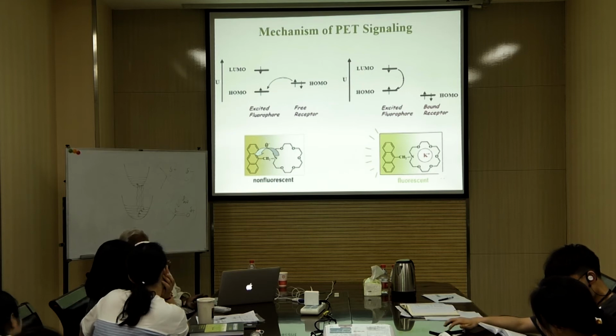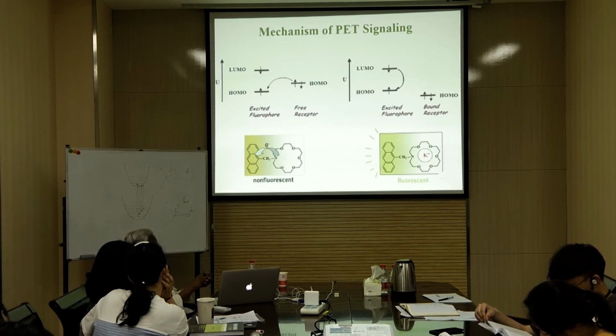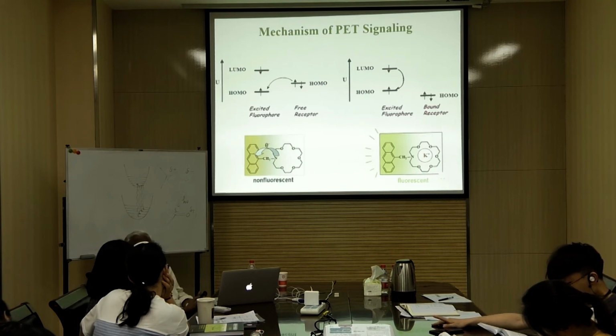If it binds to cesium, then it becomes a cesium sensor. So for that, you have to change the structure of this part. The emission part is here, but this part is the one which is going to decide whether it becomes a sodium or a proton or cesium or calcium sensor. Okay. So any questions?